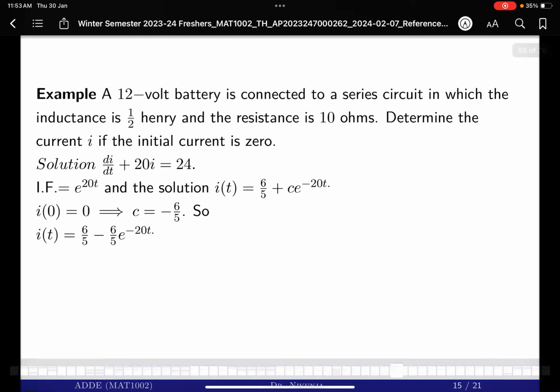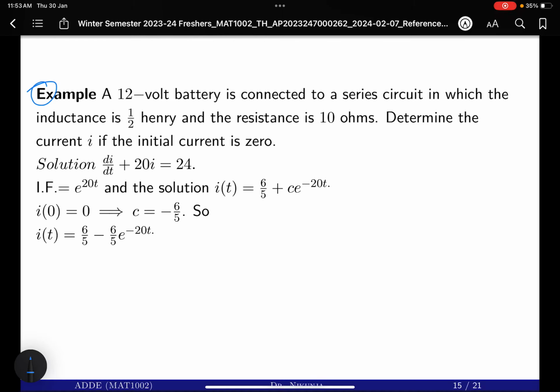Now see this question. Example: a 12-volt battery is connected to a series circuit in which the inductance is half Henry and the resistance is 10 ohm. Determine the current I if the initial current is 0.